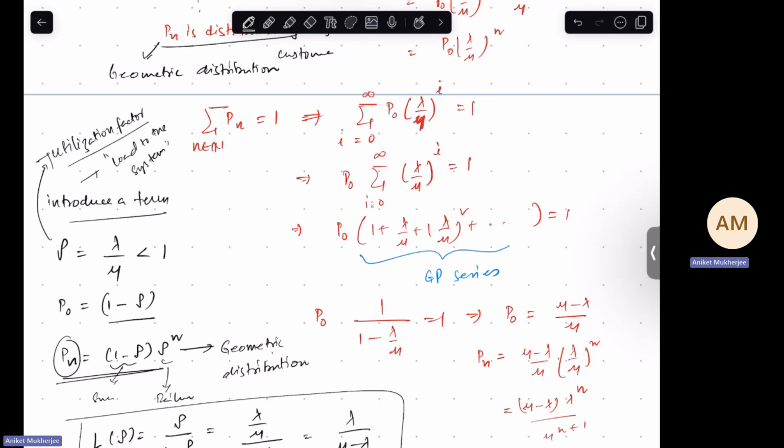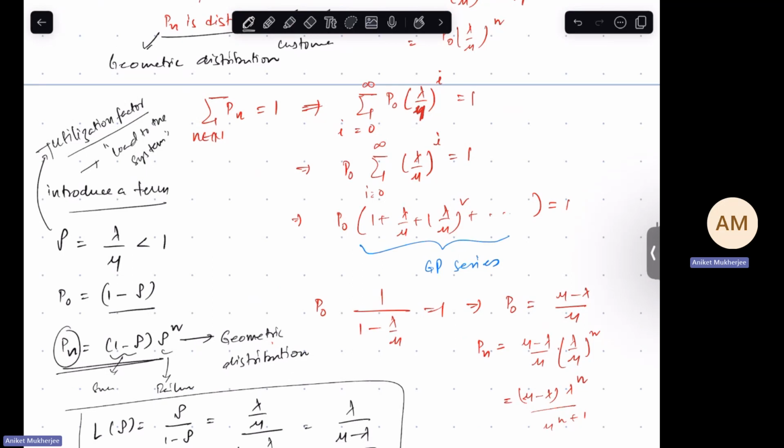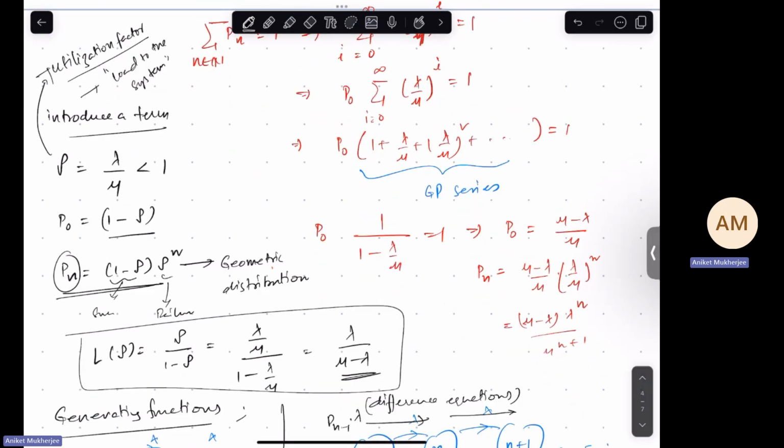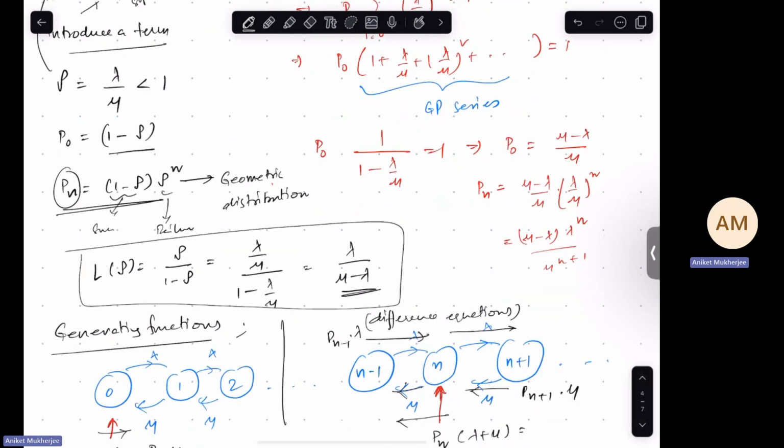Since we know that mu is always greater than lambda, rho will be a fraction between 0 and 1. So based on that, we can write P0 as 1 minus rho, right? Now we found out Pn and we saw that it follows a geometric distribution. Now the expectation of a geometric distribution is failure probability by success probability, and we write that and we get the closed form solution for the same.